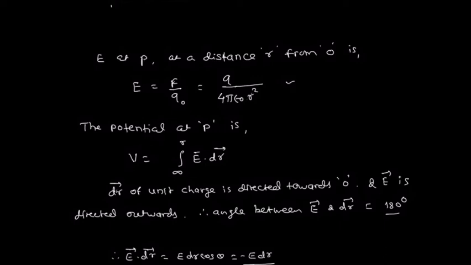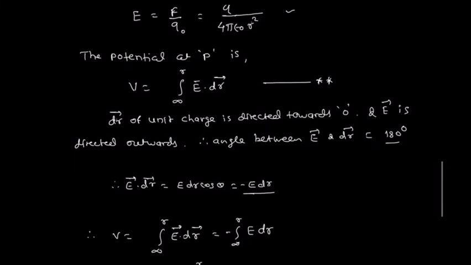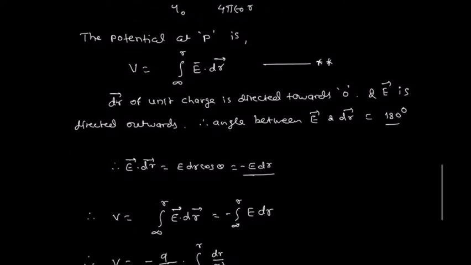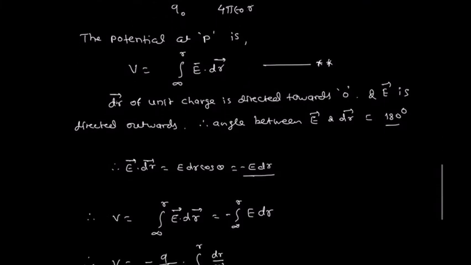Hence, we put this value in that equation. This is another equation: V is equal to integration from infinity to r of E dot dr, which is equal to minus the integration from infinity to r of E dr. What is E here? E is the magnitude of electric field at point P, that is Q divided by 4 pi epsilon 0 into 1 divided by r square.